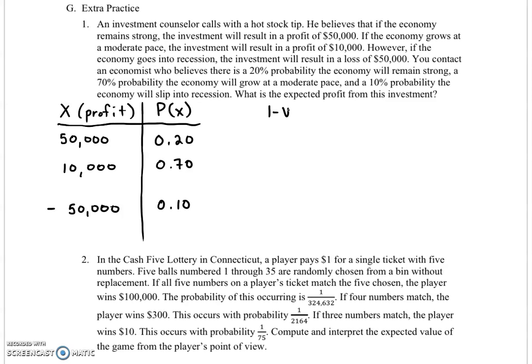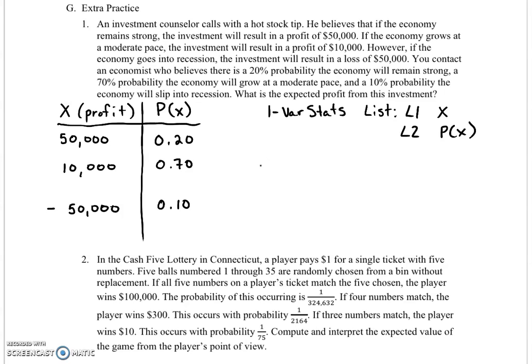So we do one var stats, and we do that with list being list 1, which is our X, and list 2, our P of X. And I'm not going to do that again. You can go back and watch previous videos in this section if you need to remember how to do that.